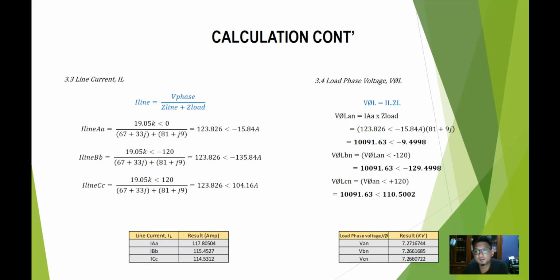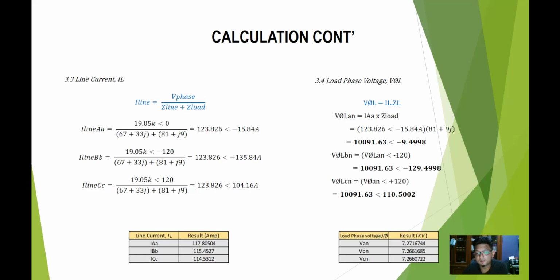Next, I find the load phase voltage: current multiplied by the load impedance. The answer is around 10 kV at negative 9.4998 degrees.